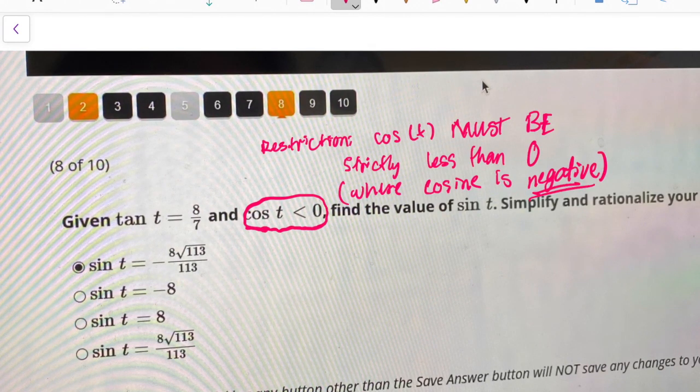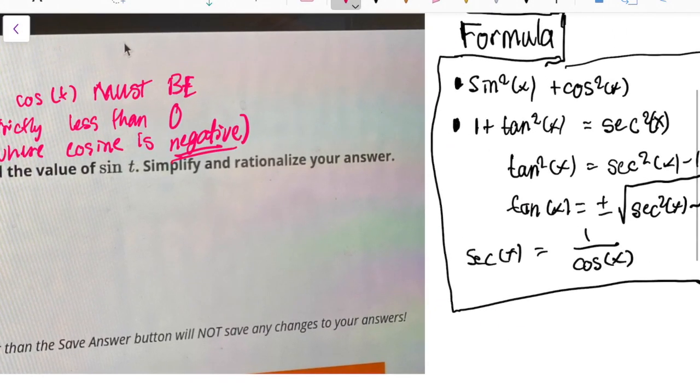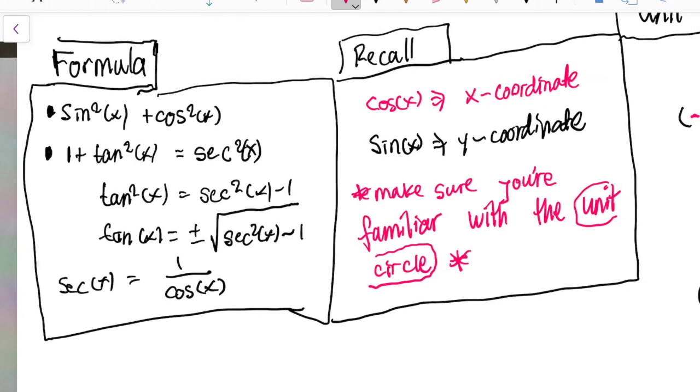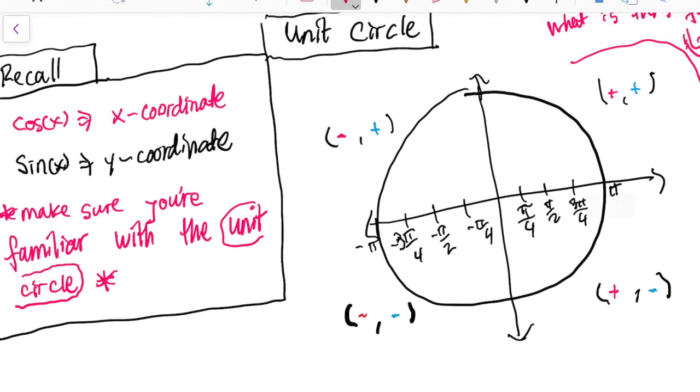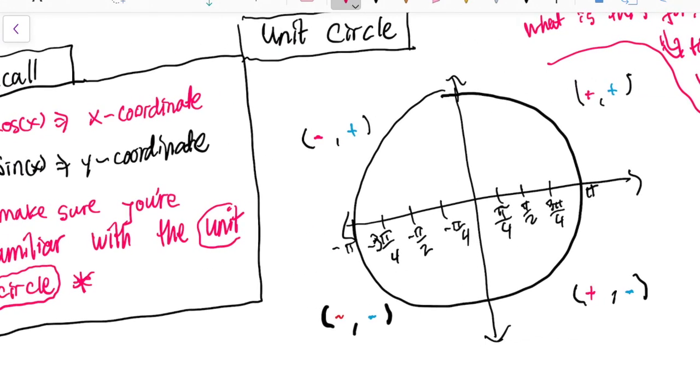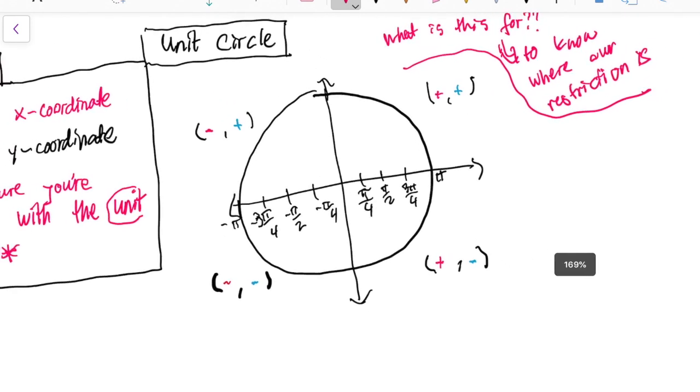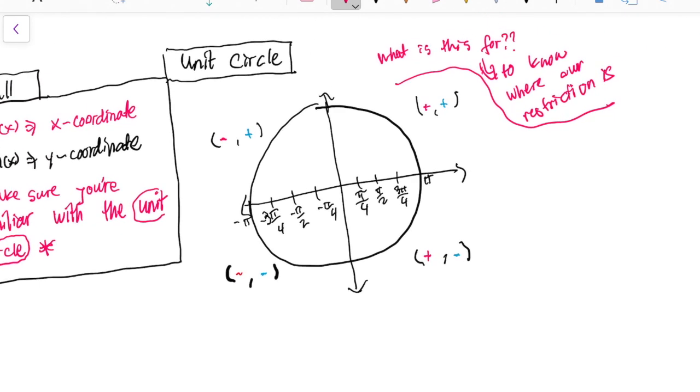Okay, now knowing that, let's go back to our unit circle. And where is cosine negative? Which part? So I want you to pause the video and answer this question.